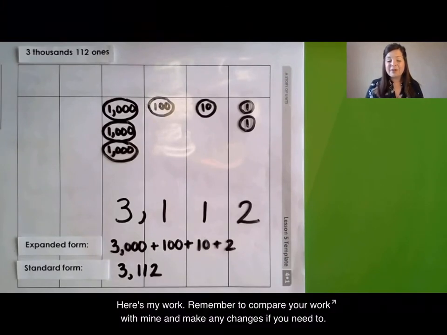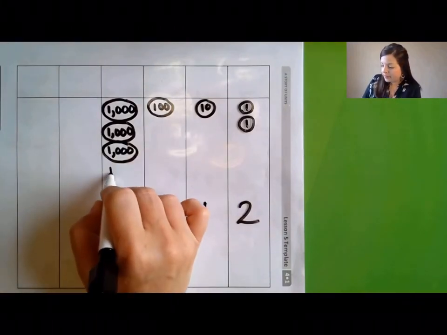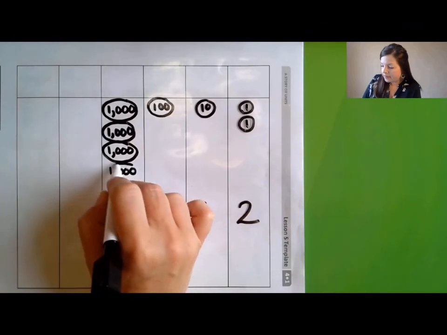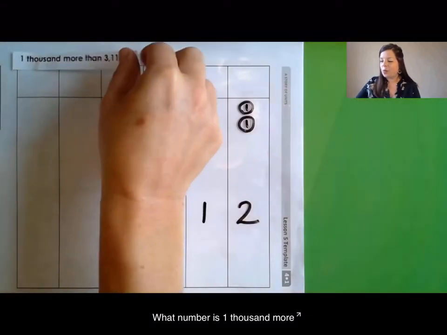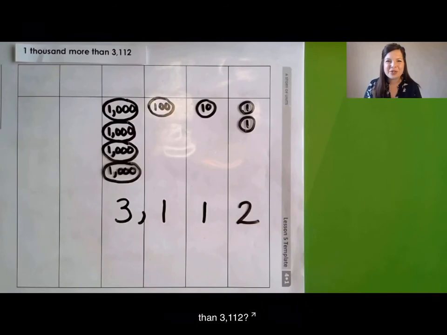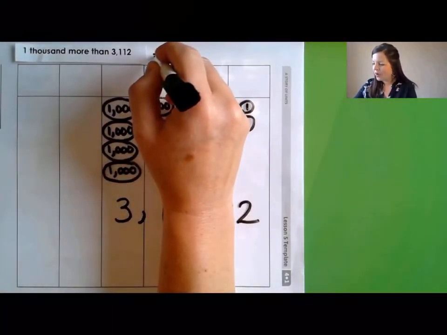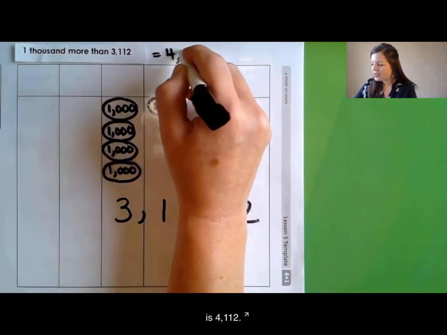Here's my work. Remember to compare your work with mine and make any changes if you need to. Now, let's draw one more thousand unit. What number is 1,000 more than 3,112? 1,000 more than 3,112 is 4,112.